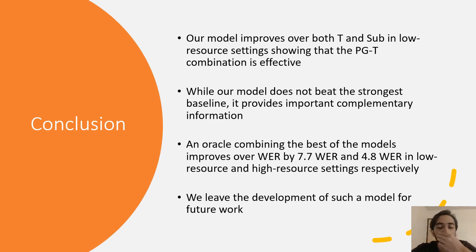And we also note that while our model does not beat the strongest baseline, it provides important complementary information, which is reflected in the boosts in performance found in both the low resource and high resource settings from the oracle that combines the best of our model PGT with the baseline IM. We do note that this oracle has not been developed as of yet, and we leave the development of this model for future work.